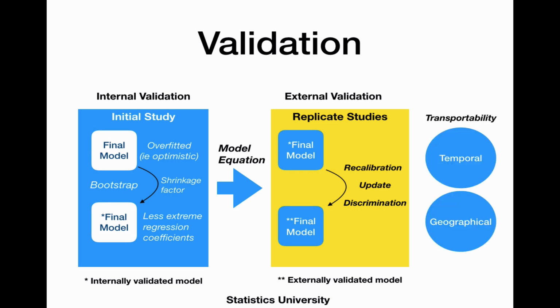And there's a term here which is called transportability, which refers to the ability of the final model to hold up to changing circumstances. And this can be temporal, whether a model is fit to stand the test of time, but it can also refer to a geographical distribution, whether the final model is generalizable to various study populations across the world.